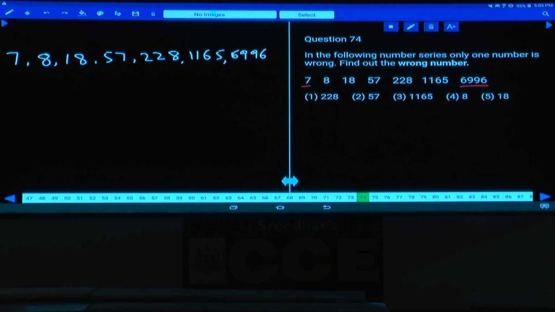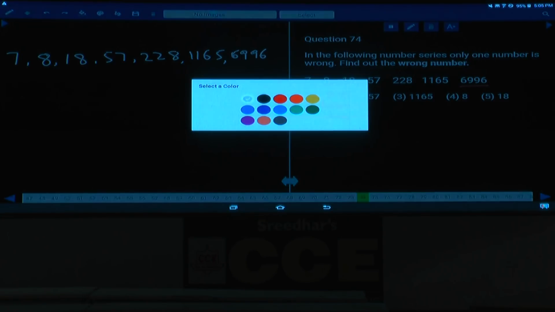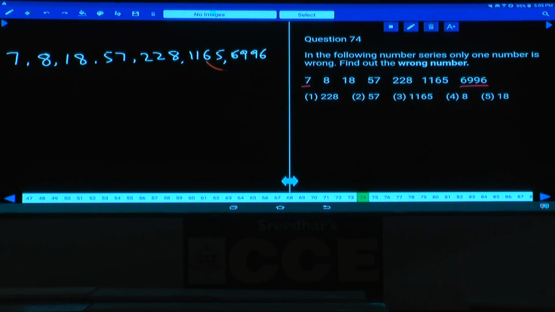Then as it comes under combination, we should always check out at where? We should always check out at the highest pair. Now 1165, 6996. How can you relate this one? Now 1165 into 6 is how much? Into 6 will be 6990 plus 6 will be 6996, into 6 plus 6, isn't it?